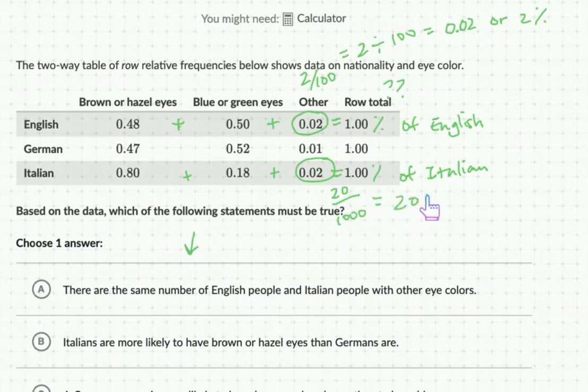So that 20 divided by 1,000 also gives you 0.02 or 2%. So the percents being the same does not tell you that they have the same number of people, because percents can be created by totally different frequencies and relative totals. So that's very important here, that they're only giving us row relative frequencies.